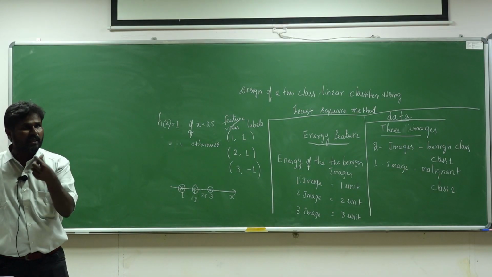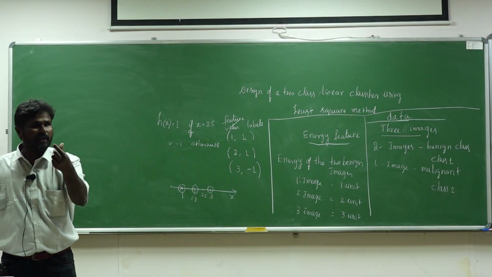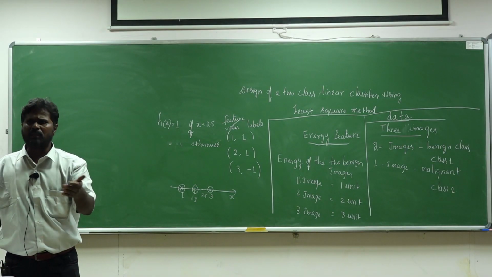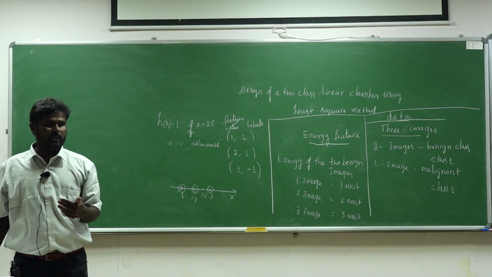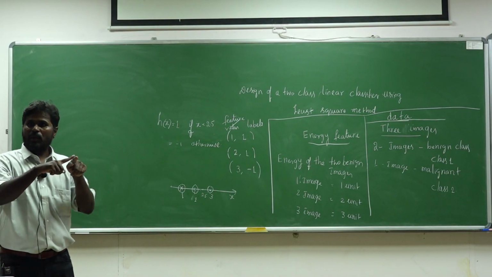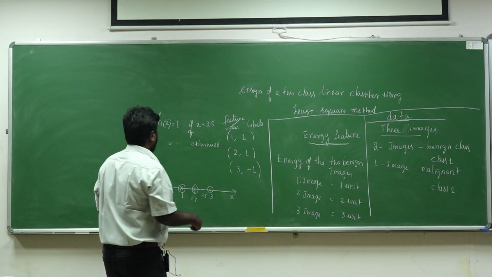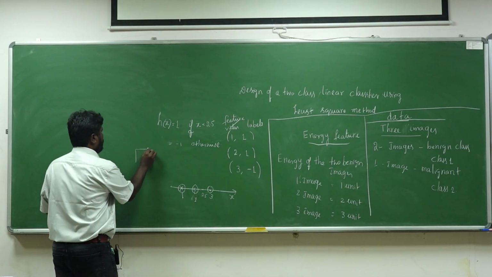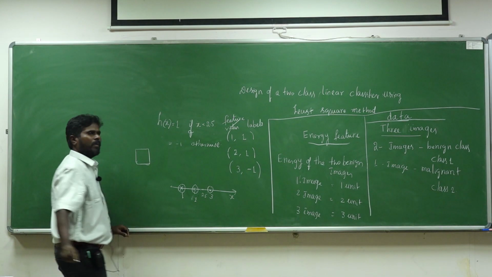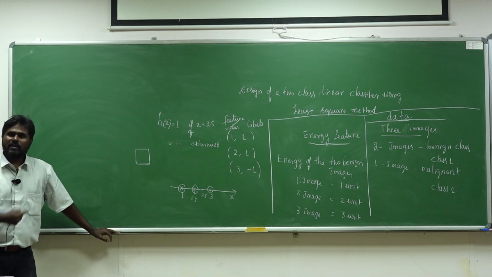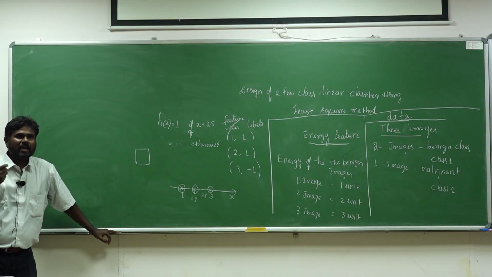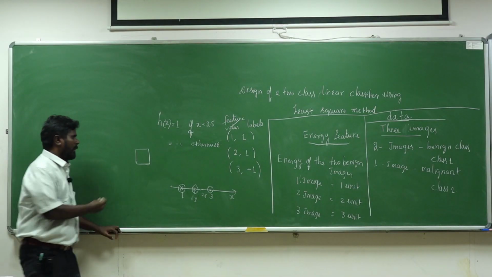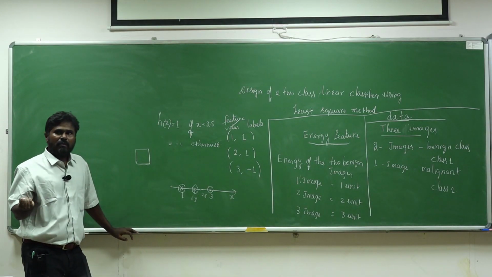Now, if the test data comes, let's say you are given an unknown image, it may be benign or it may be malignant. Given an image, the first thing we need to do is extract the feature. What is the feature value?